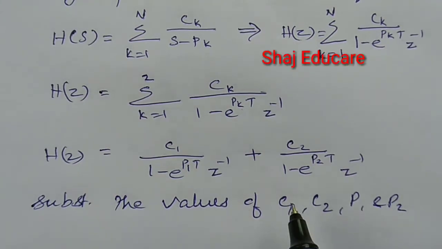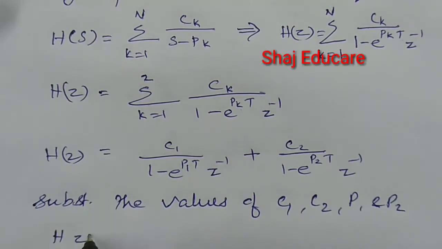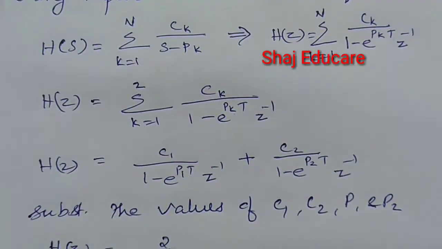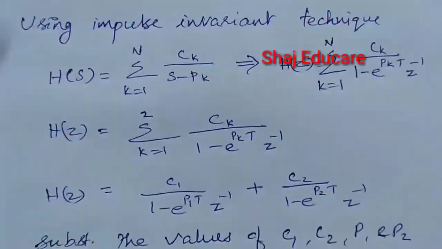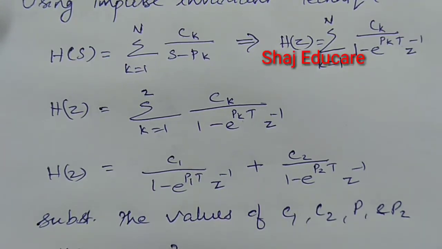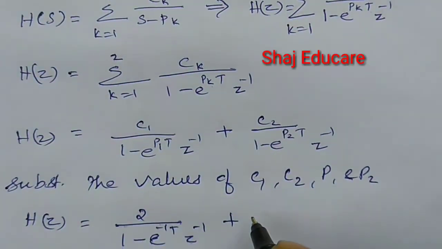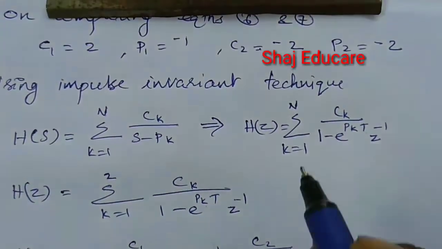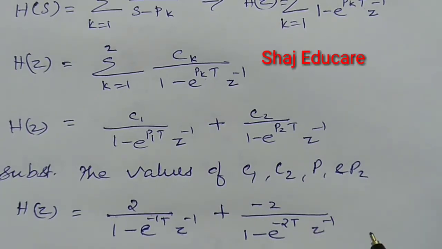On substituting, we get h of z is equal to c1, which is 2, divided by 1 minus e raised to p1, which is minus 1, into t, z inverse, plus c2, which is minus 2, divided by 1 minus e raised to p2, which is minus 2, into t, z inverse.